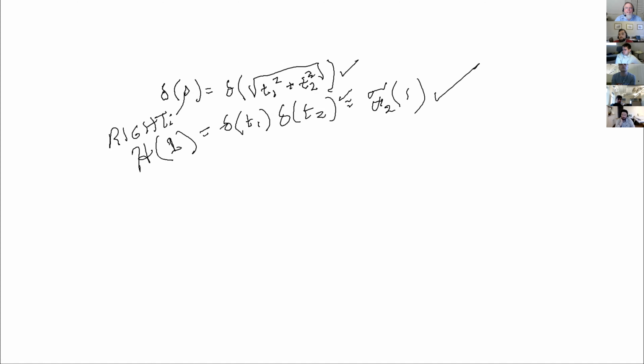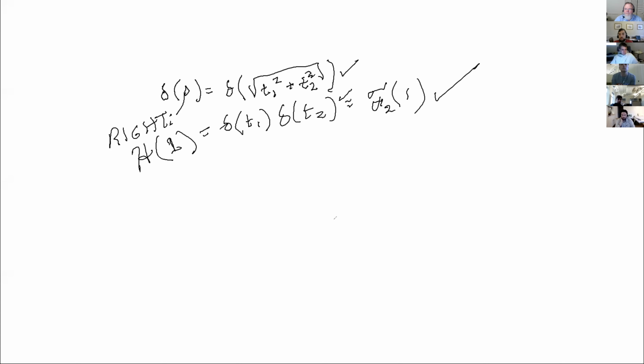The delta of rho is delta of a circle, whereas delta times delta is a rectangle, like in 2 dimensions. But in the limit, as they both approach 0 size on the t1, t2 plane, they become equivalent.